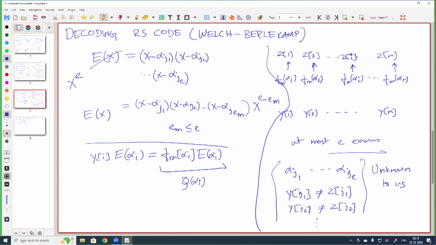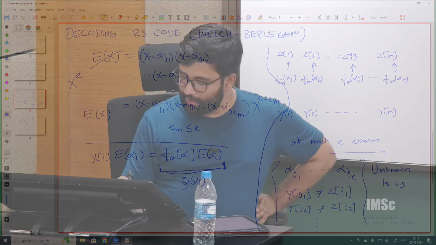And if you notice here, when y I is equal to z I, then y I is equal to z I and z I is equal to f m at alpha I. So, then LHS and RHS are the same.